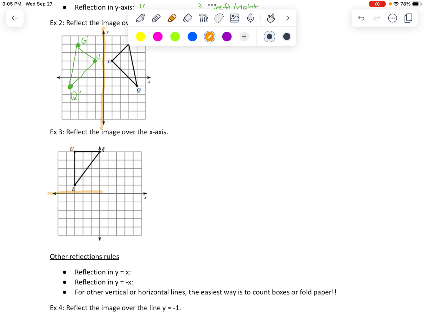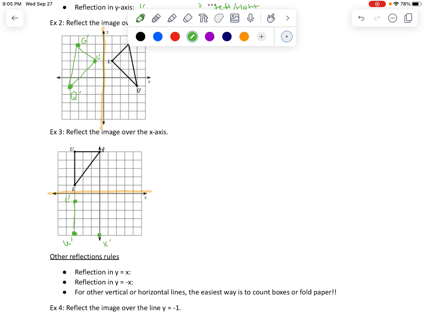Again, I highlight the line I'm trying to reflect over, and now I just count. The x-axis, my L here is 1 above, so I need to go 1 below. The U is 5 above, I need to go 5 below. X is 5 above, so I need to go 5 below.